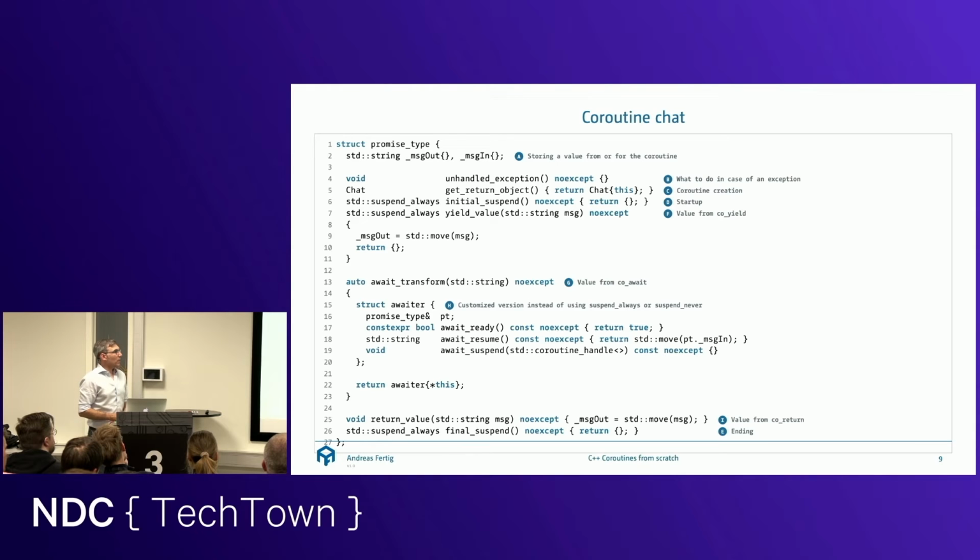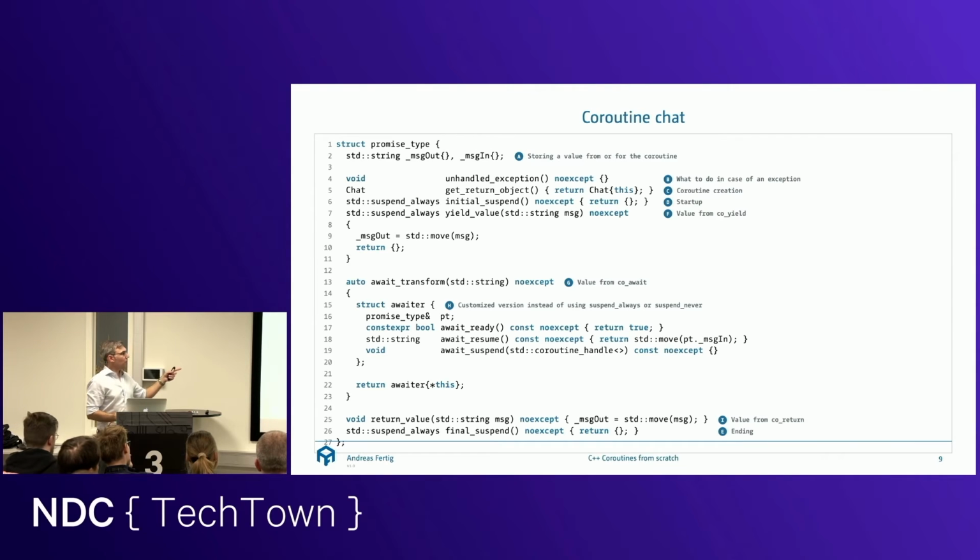Because I have a co_await in here, I implemented await_transform, my next customization point. I'm not interested in any data here that I could also transfer during the co_await, so I'm simply taking a std::string to have the correct overload invoked, but I'm not looking at the data of this std::string.